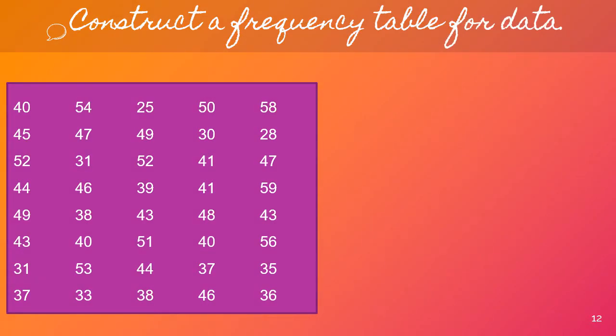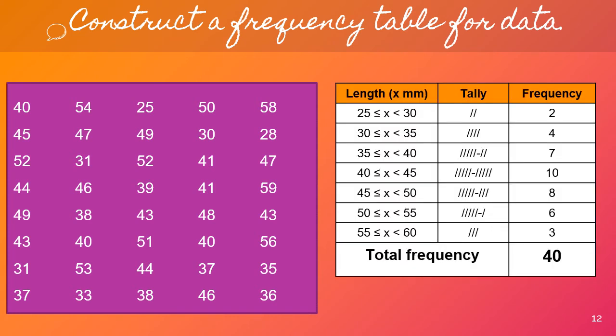So next, let's construct a frequency table for the data. Since it is grouped data, let's have equal or greater than 25 but less than 30. Next, equal or greater than 30 but less than 35.